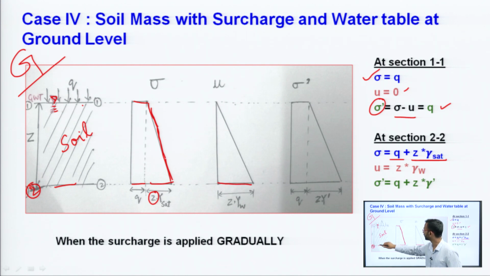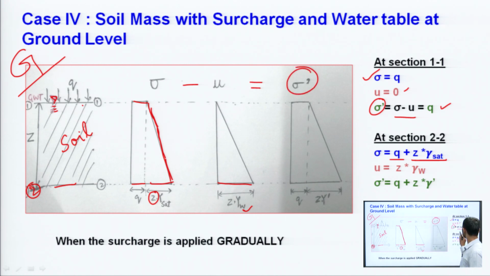It will be due to the water present in this entire soil mass, that is the height Z, and the unit weight of water, gamma w in kilonewton per meter cube. Now when we subtract this, we get this value sigma dash. So at section 1-1 its value is q, and at section 2-2 its value is q plus Z into gamma dash, that is gamma submerged. So this is the case of the gradual one.